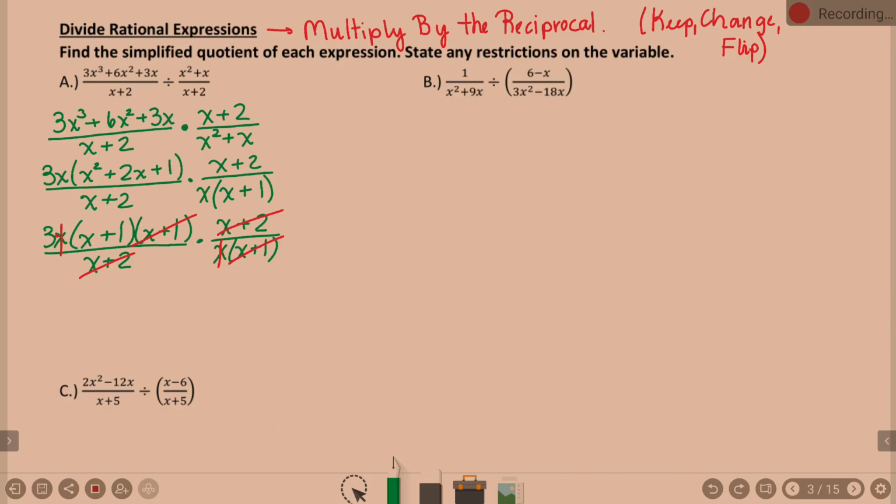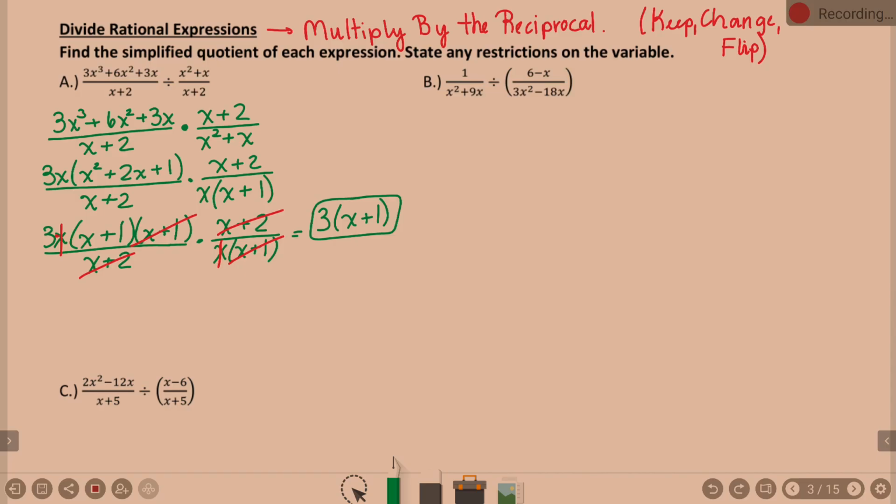Okay, what remains for a final answer here? We have a 3 on top times an x plus 1 on top over 1. Do I need to write the 1? No, we talked about this yesterday. You could put the 1 if you wanted to, but Savas would definitely count you wrong, so just 3 times x plus 1.